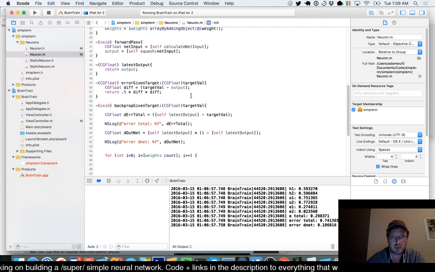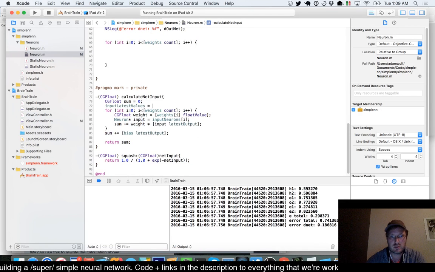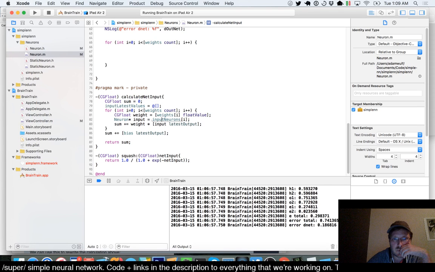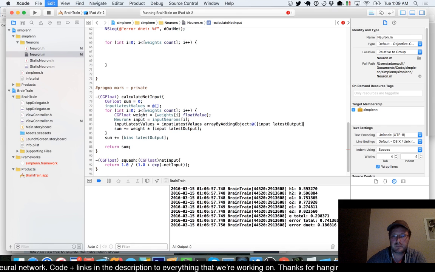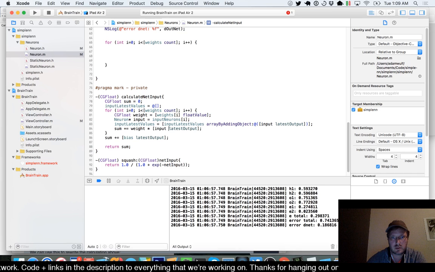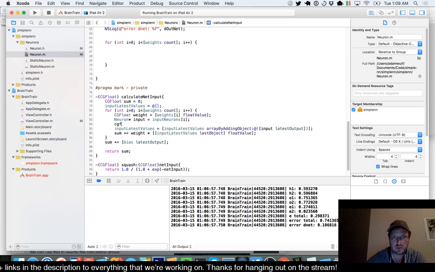And so then when we actually calculate the net here, float, and then here, we save that value, and then we use it. And so this will actually be input.